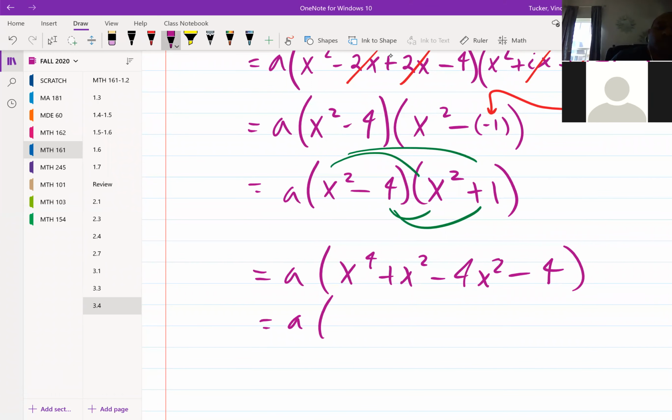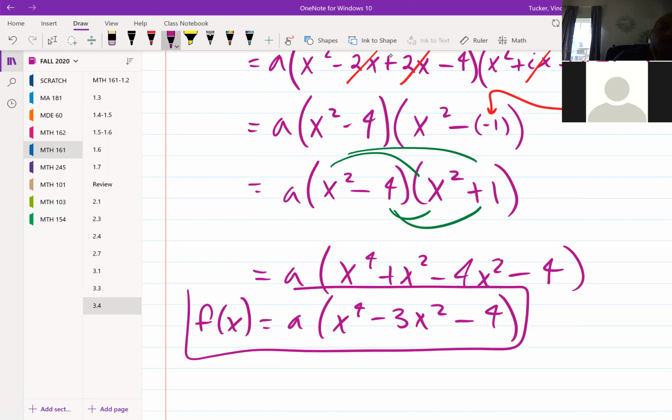Combine your like terms: x to the 4th minus 3x squared minus 4. So as of right now, this is our f of x. We're not done, but that's where we are so far.